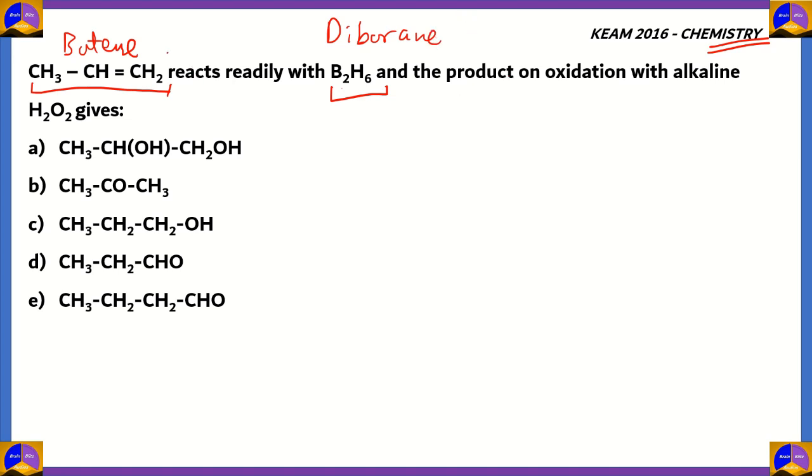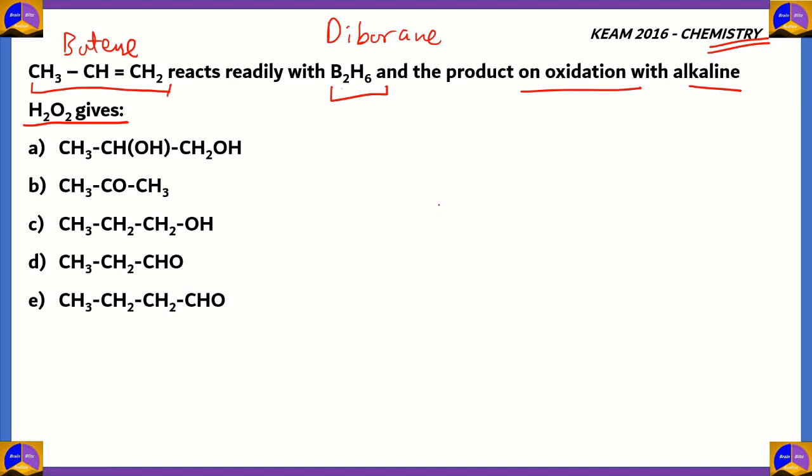So butene reacts readily with diborane, and the product on oxidation with alkaline H2O2 gives... Does it give a secondary alcohol? Does it give you a ketone? Does it give you a primary alcohol? Does it give you an aldehyde? Or does it give you an aldehyde with 4 carbons?